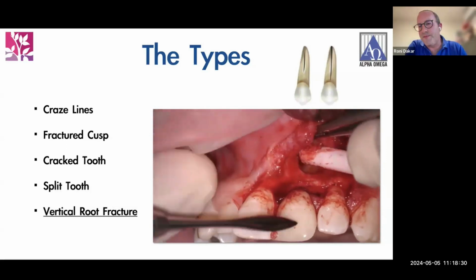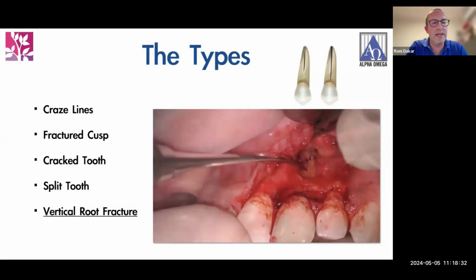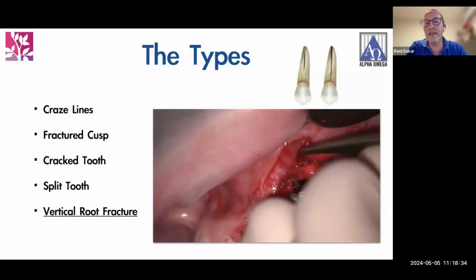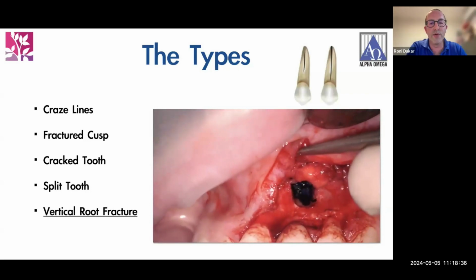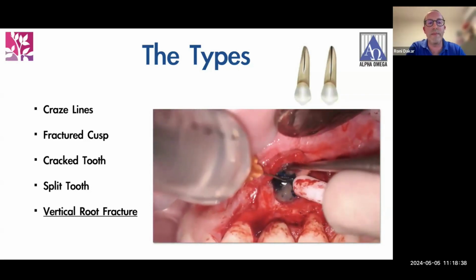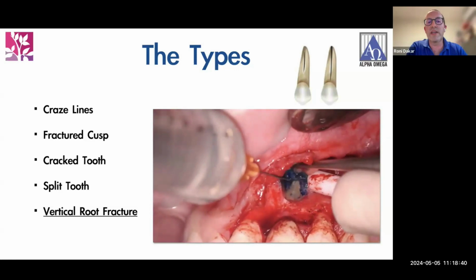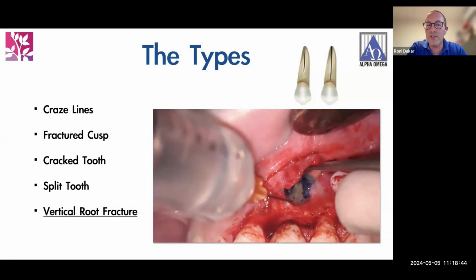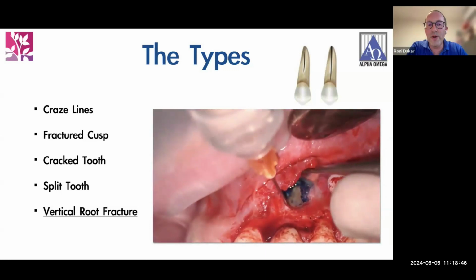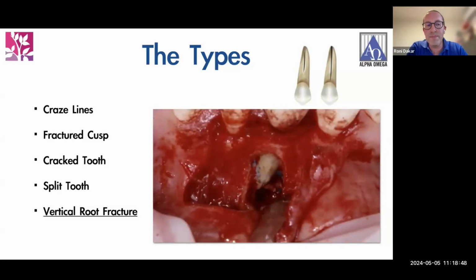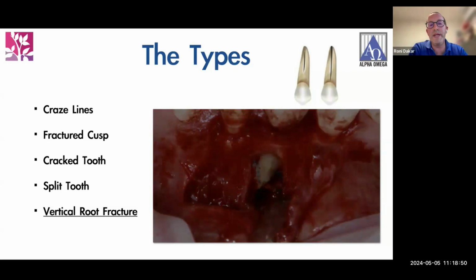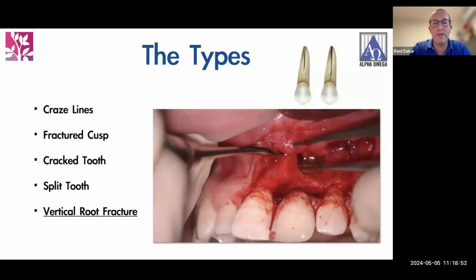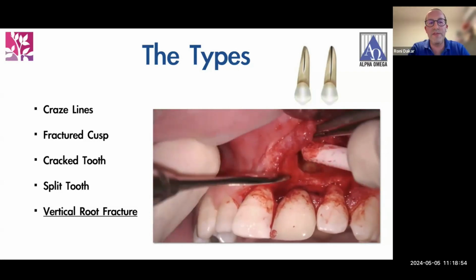And VRF, vertical root fractures, start exactly the opposite way, in the root, and progress towards the crown. They appear almost exclusively in teeth that have undergone root canal treatment. The starting point can be at the apex, but not always. It can also be at another point on the root canal surface.